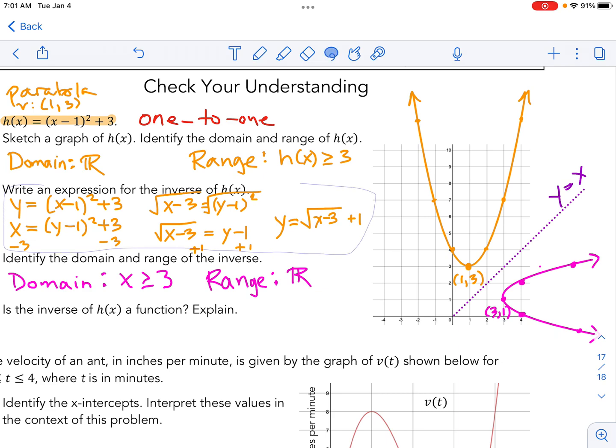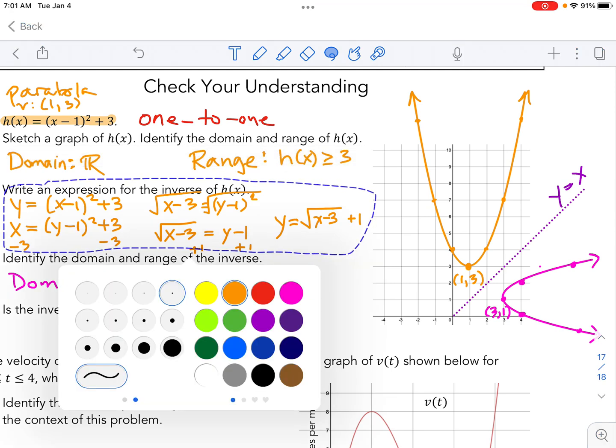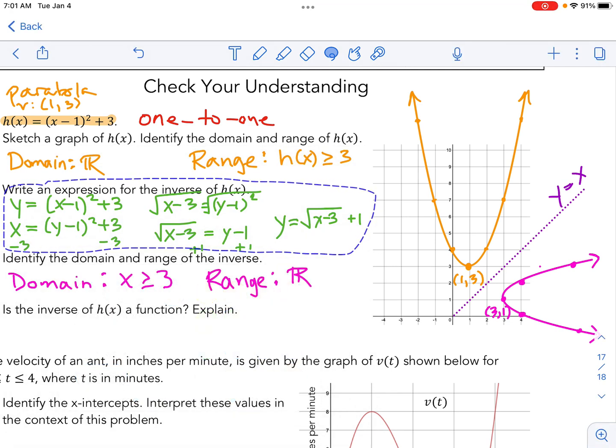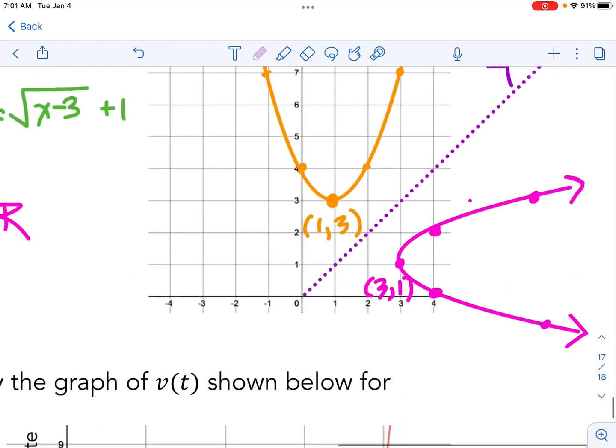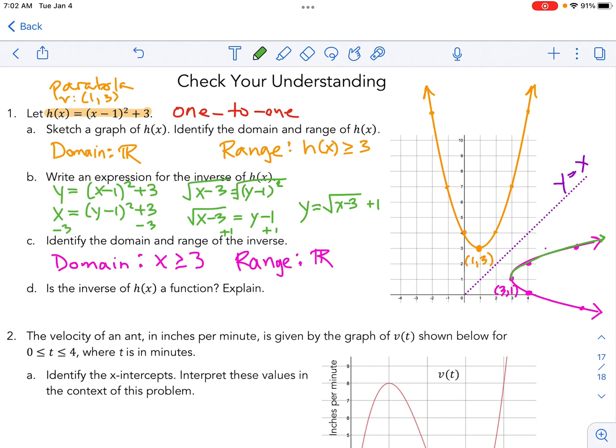We found this inverse here. But if we would graph this, we graphed this in the previous unit, right? If we would graph that, it would only be this. But strictly speaking, the inverse of this parabola is this pink parabola.